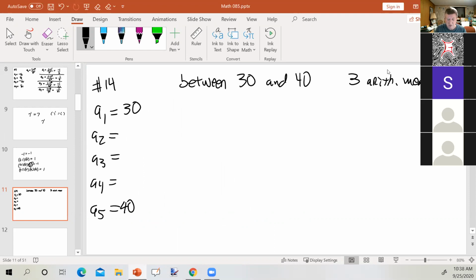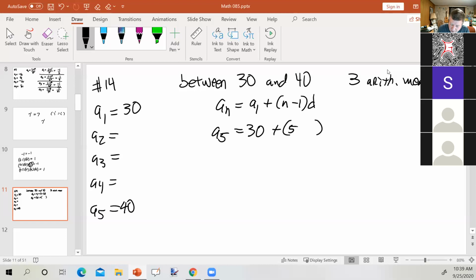So we've got to come up with 3 equal distance numbers between 30 and 40. All right, so using the formula, a sub n equals a sub 1 plus the quantity n minus 1 times d, we're going to figure out what those 3 numbers are. Now, I know that a sub 5 would be a sub 1, which is 30, plus n minus 1, which is 5 minus 1 times d.